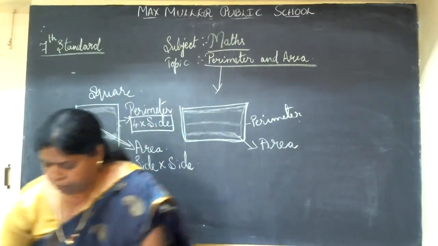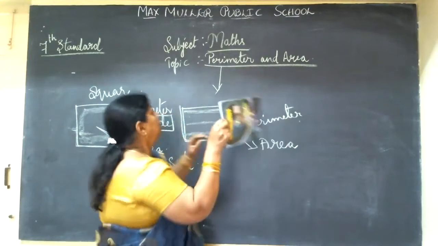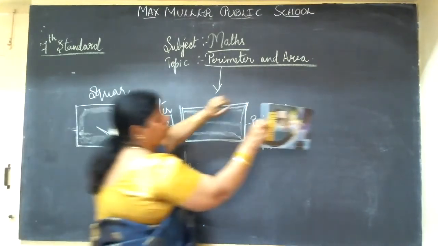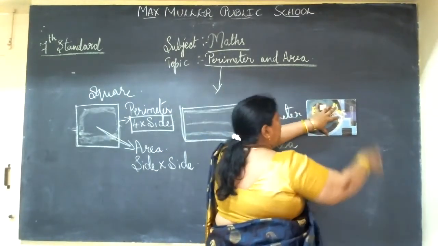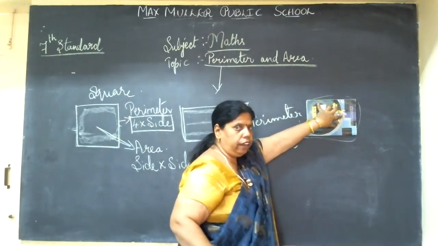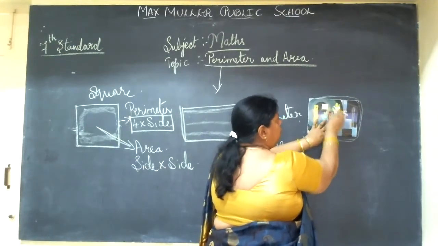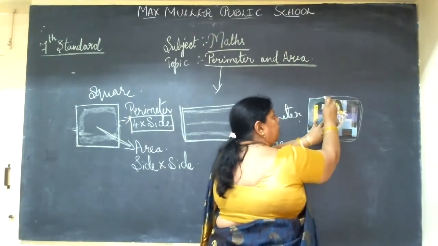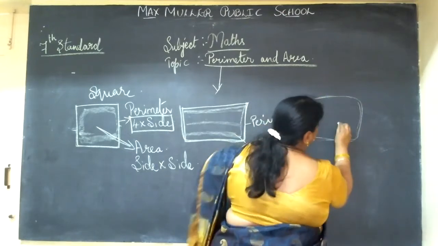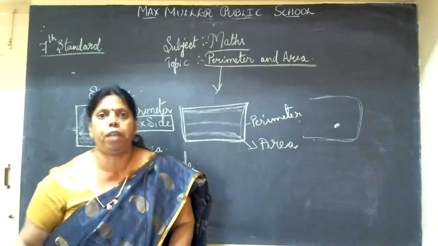Now see, a book. When I place it on the board, this outer border is the perimeter. And the inner part is the area. It is occupied here.